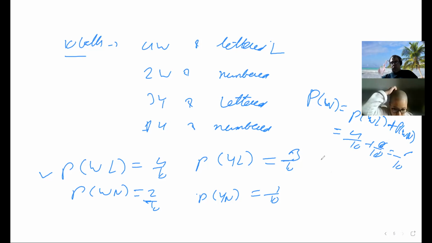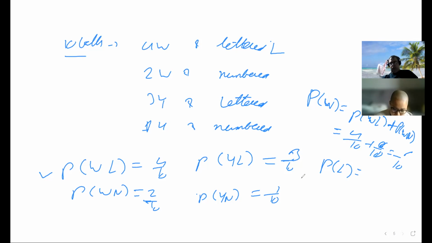And if I ask you the probability of lettered, what would be the answer? It will be 4 by 10 plus 3 by 10, that is 7 by 10.